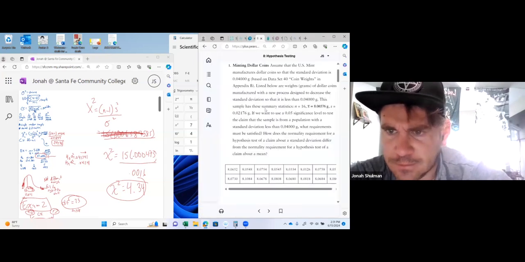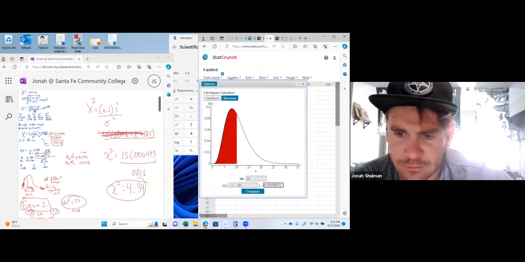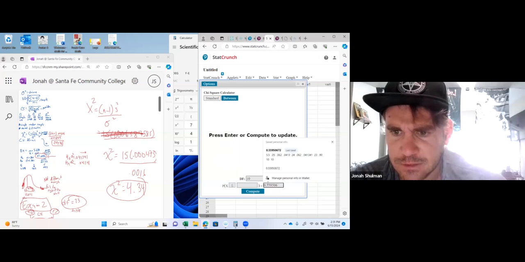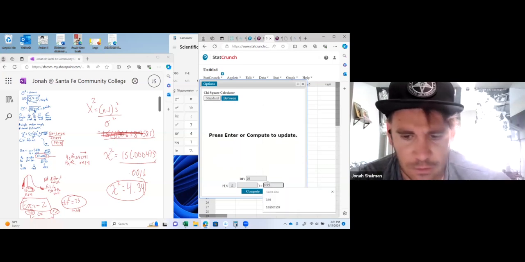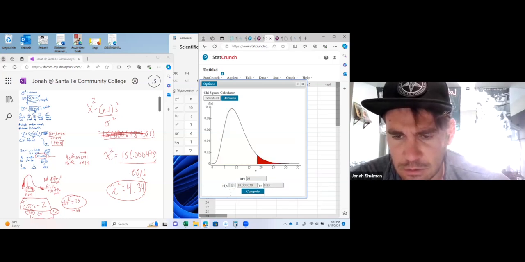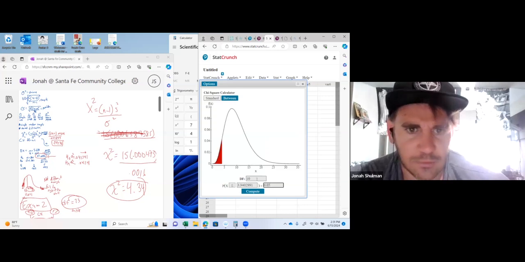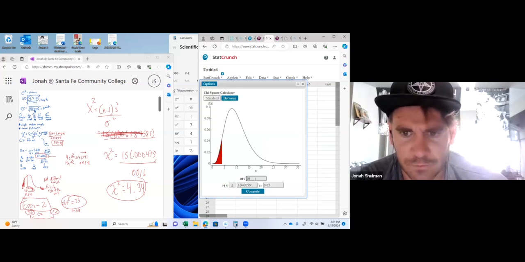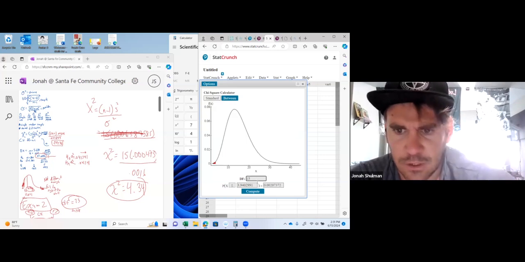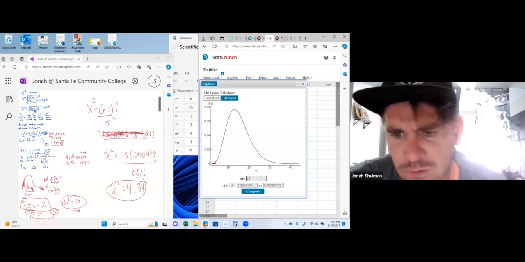This one was a 0.05 significance level, so I make this 0.95 and change the direction. Oops. There we go. And we change the degrees of freedom to 15. When the degrees of freedom are 15, this value is 3.94. See how this value is 3.94?